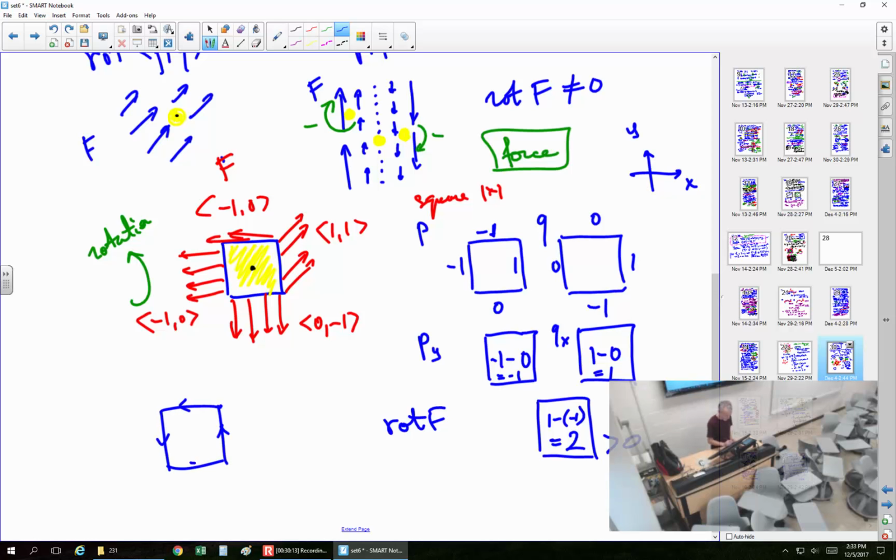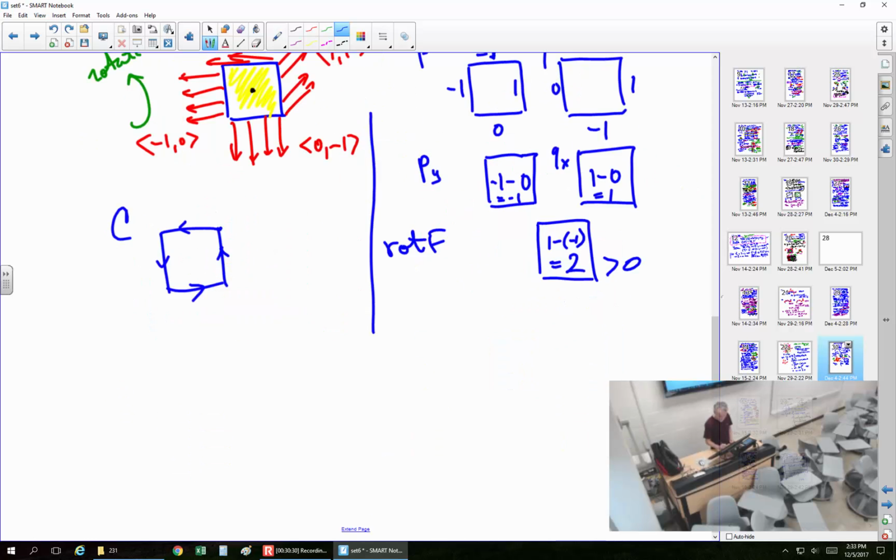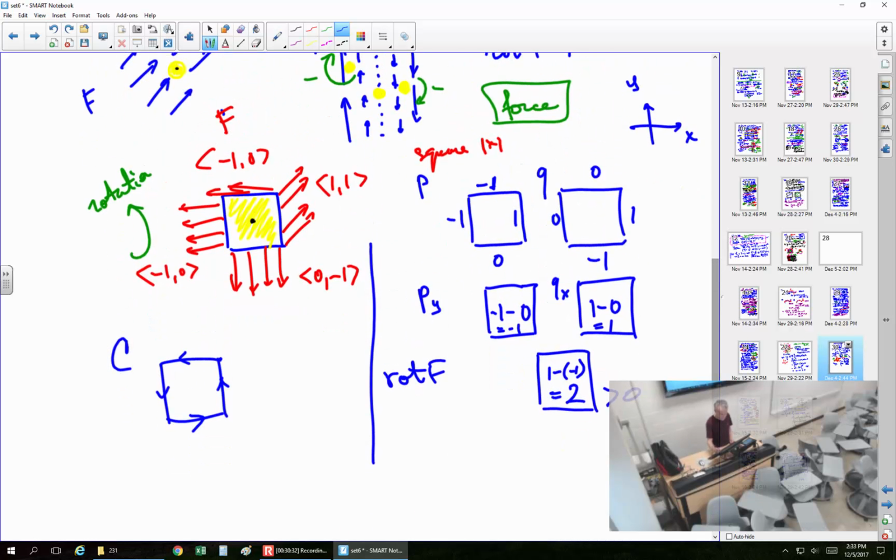How about this is my path, a circular path. Forget about everything about the rotor for a moment, and just look at the line integral along this path of F, which is supposed to give me the work. So the integral over C, clockwise or counterclockwise, of F dot dp.